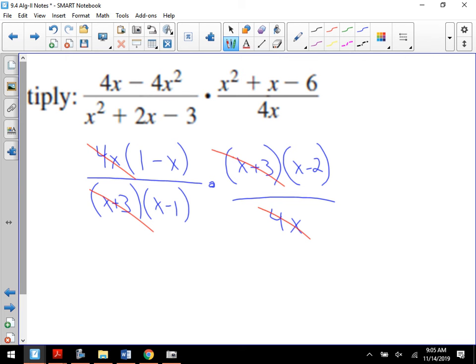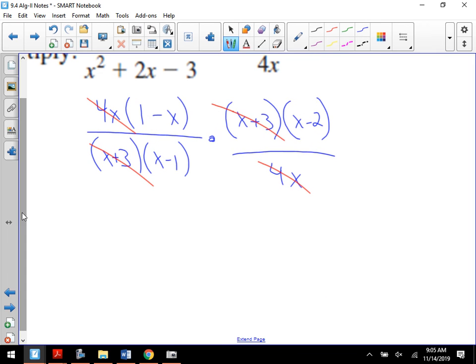Nope. Yep. So when you're left here, now you have 1 minus x, x minus 2, and x minus 1. Brandon, what do you got? Will it usually work out well enough that you can cross off a lot? It depends. It just depends. Okay. Some of them are simplifiable, some of them aren't.